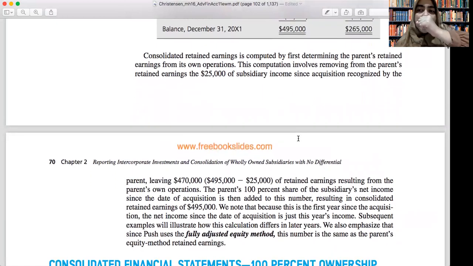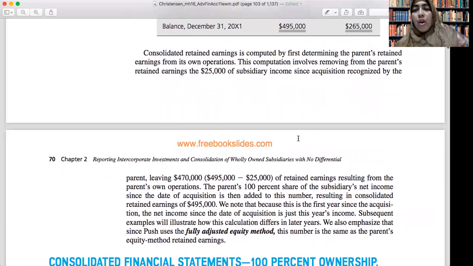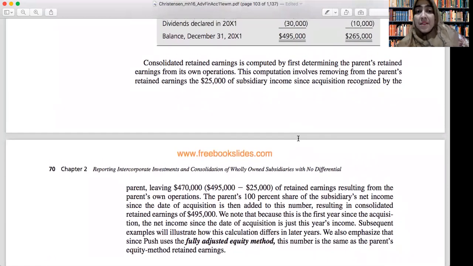So the consolidated retained earnings is computed by determining the parent's retained earnings from its own operation, right? So the computation removes from the parent's retained earnings around 25,000 of the subsidiary's net income.